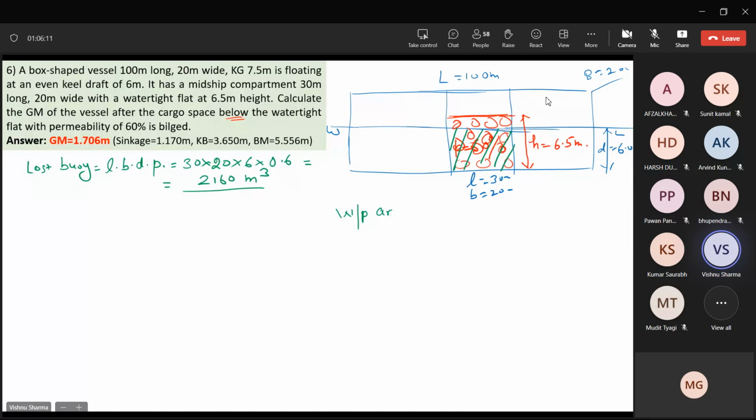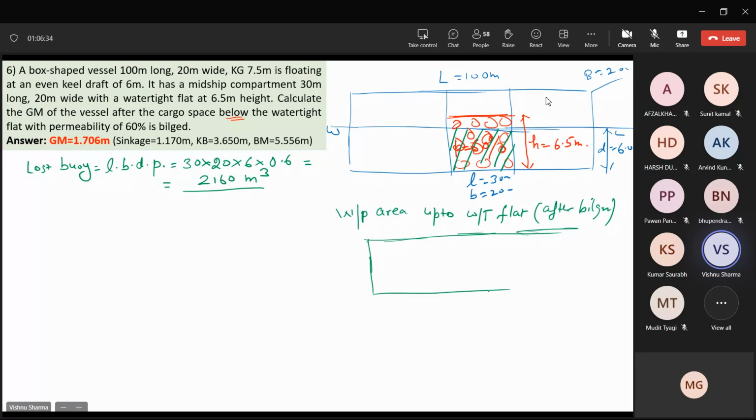Water plane area up to watertight flat, and of course, we are talking of after bilging. Water plane area up to the watertight flat after bilging. That means from WL to watertight flat.